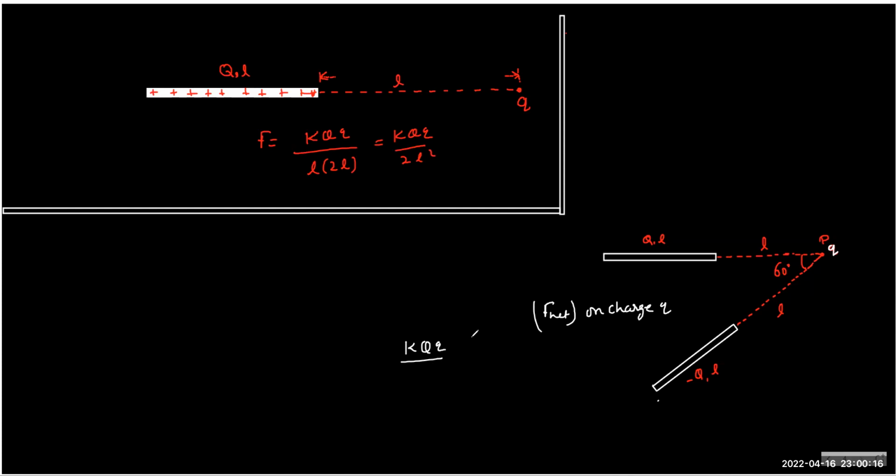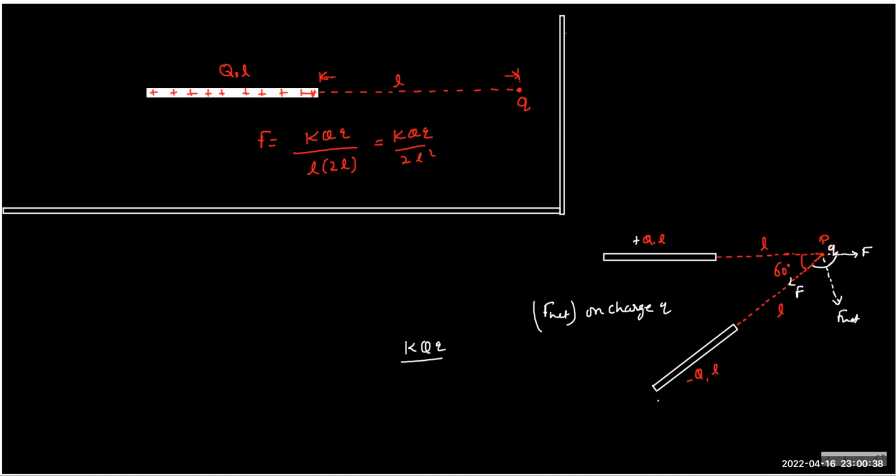No. See, it's very simple. The first charge is positive, so it will repel, but the second charge will attract, but the value will be the same. And this angle is 120 degrees. So the resultant will be along the bisector because their forces are equal.